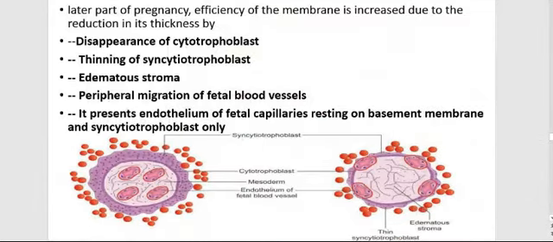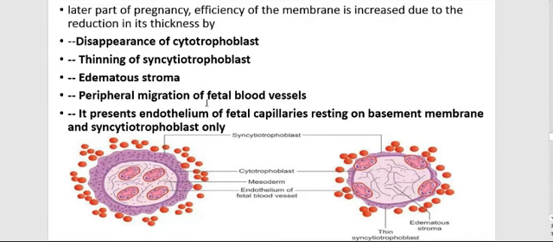Later, as pregnancy progresses, there is a high demand for nutrients. So we are going to see the disappearance of the cytotrophoblast, as you can see here. And then the syncytial trophoblast will thin, from this thick to thinning. And then the stroma will become edematous.